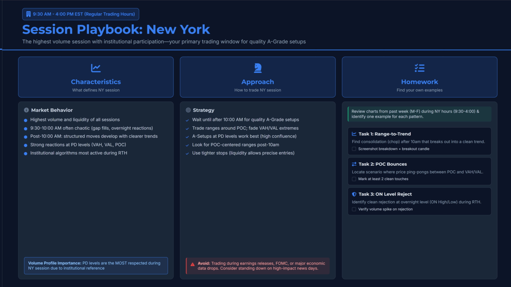Institutional algorithms are most active during regular trading hours. The algorithms that drive the majority of market volume operate during RTH, that's 9:30 a.m. to 4 p.m. Eastern. These systems fade extremes, buy dips, sell rallies, and execute massive orders without moving the market too much.